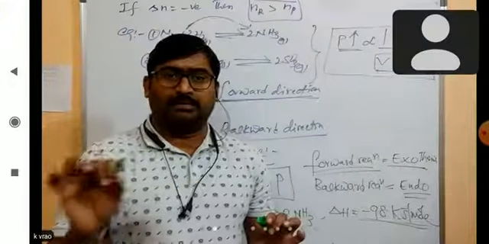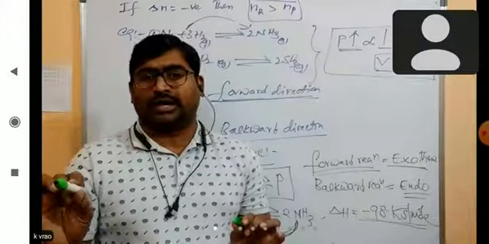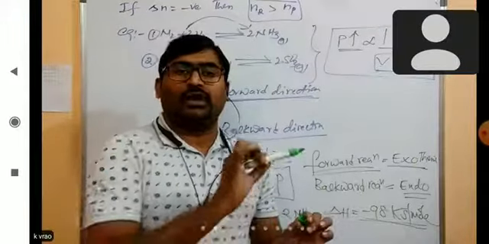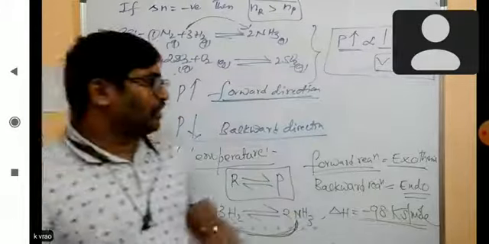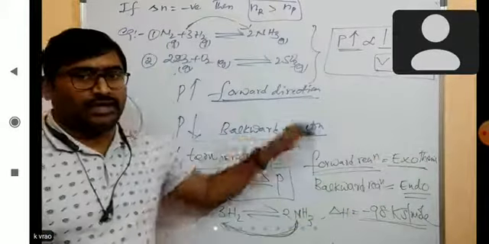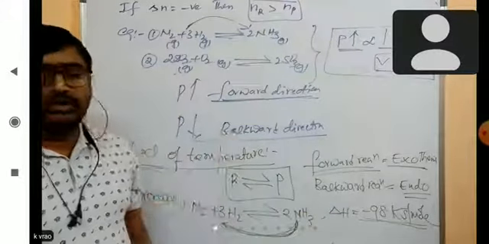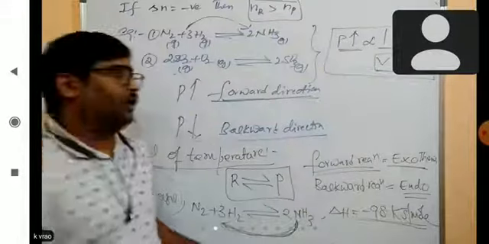If you increase the temperature, then the rate of reaction decreases in the forward direction, which means it favors the backward reaction, because exothermic and endothermic are opposite reactions. One side exo, the opposite side is automatically endothermic. So it depends on the nature of the reaction.